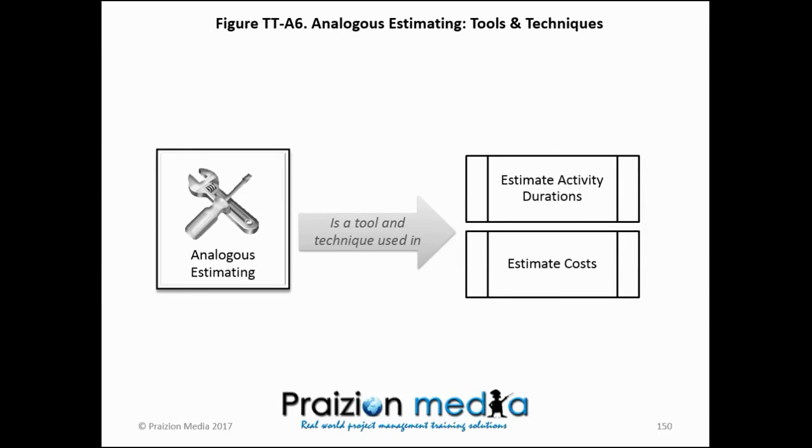Do you know what else clicked as I used this book? I also discovered that the only process that uses all 4 estimating approaches, analogous, bottom-up, 3-point, and parametric, the only process that uses all 4 estimating approaches is estimate cost.